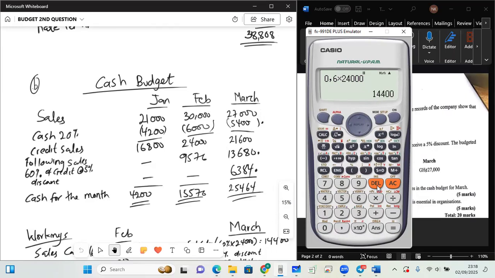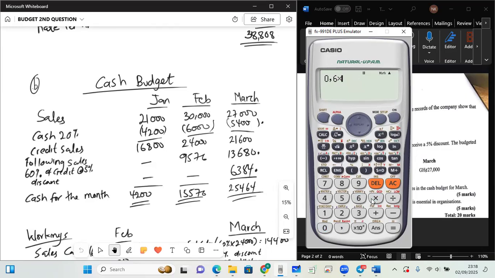Remember that we are going to give them a 5% discount, so now it will be reduced to 95%, times 0.95. And this is the amount we get for this one.